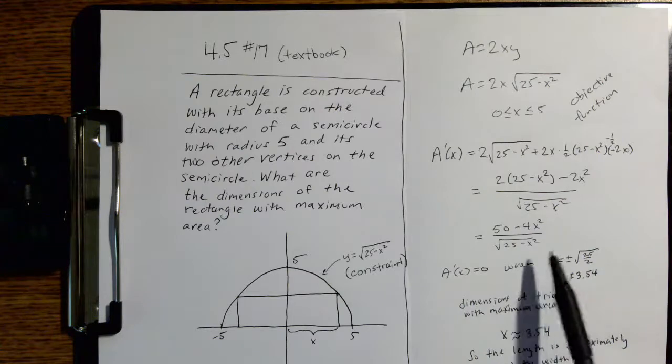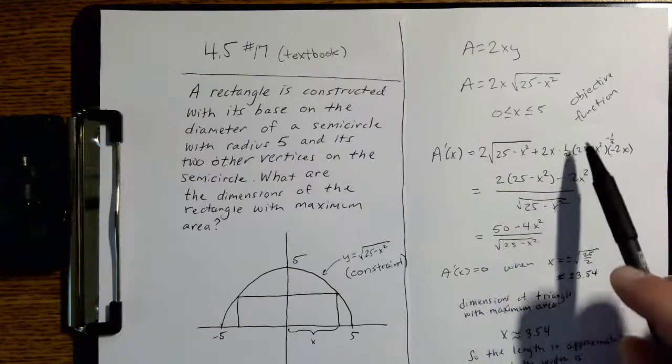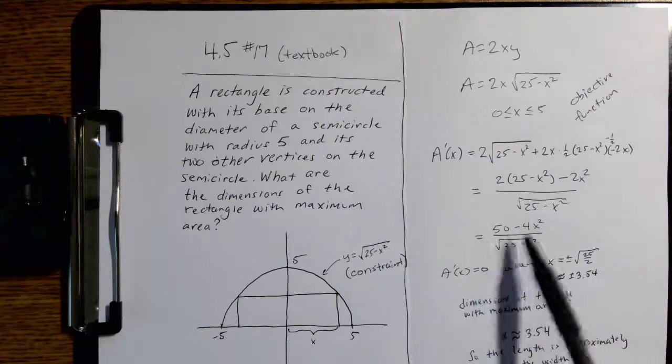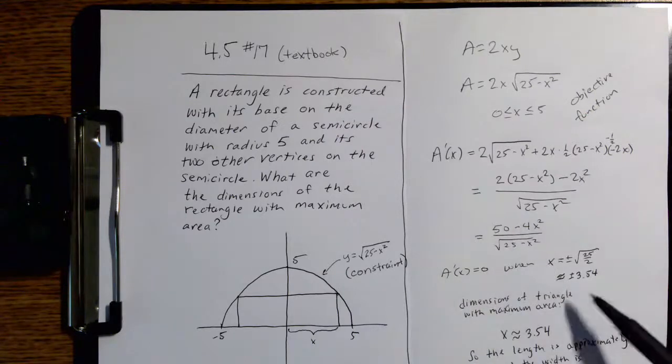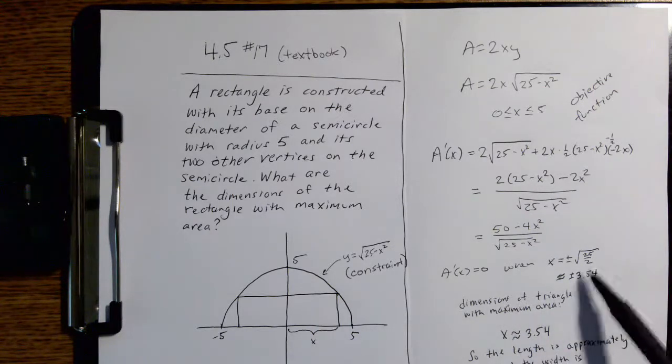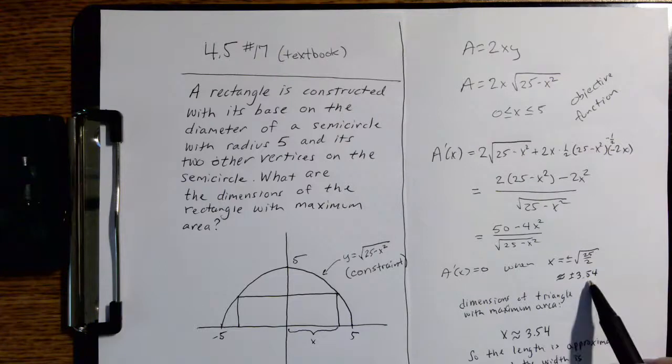What we find in this case, once we take the derivative using the chain rule and simplify, is that there are 2 values of x that make that derivative 0, but one of them is negative, so we're going to reject that one. So the only one that we're actually interested in is this positive square root of 25 over 2, which is approximately 3.54.